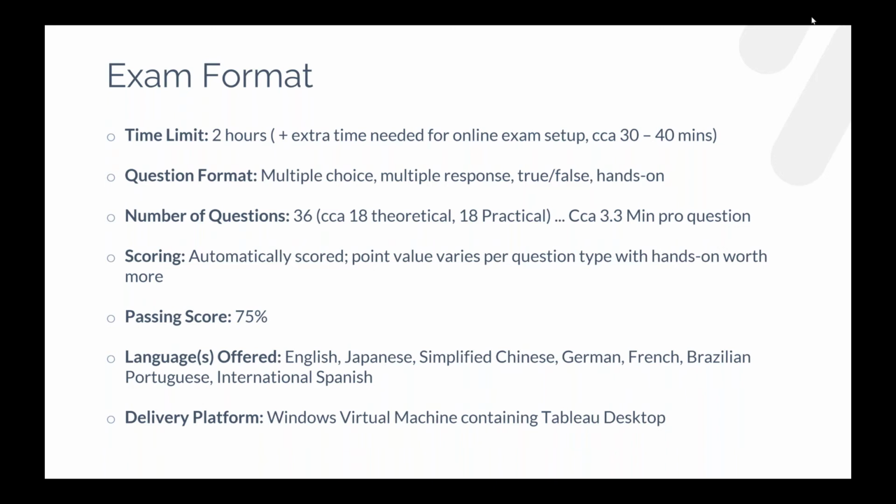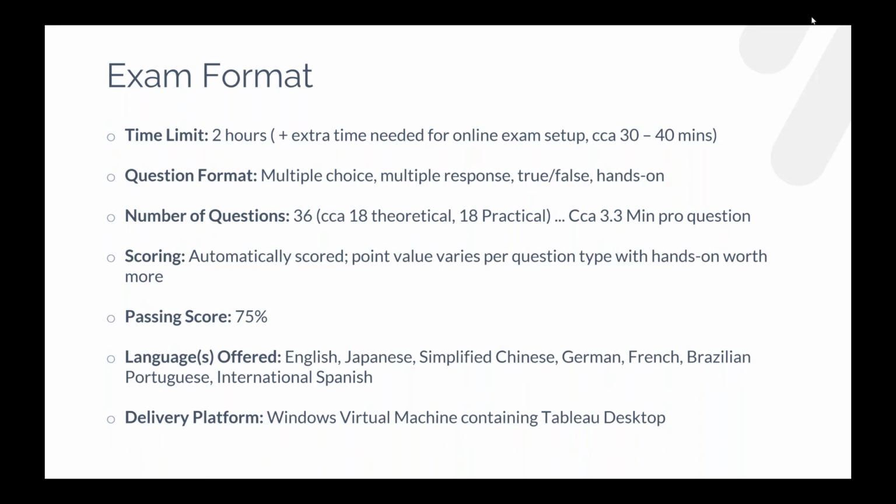It really depends on how things go, because before you start the exam, you're going to connect to the proctor and talk to him or her. There are going to be several checks, technical checks, but also of your room, whether you're alone in the room or not. So this might take some time.